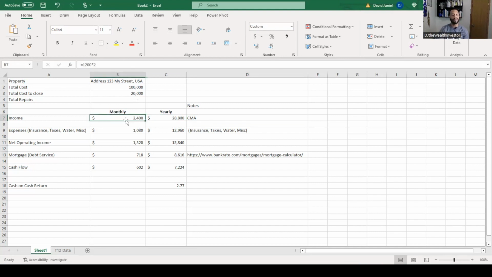Another one would be to start making phone calls on listings. So if you had that address we showed, I'll probably go to Zillow again, type in rentals around that same area or address, and see who's listing properties for rent.